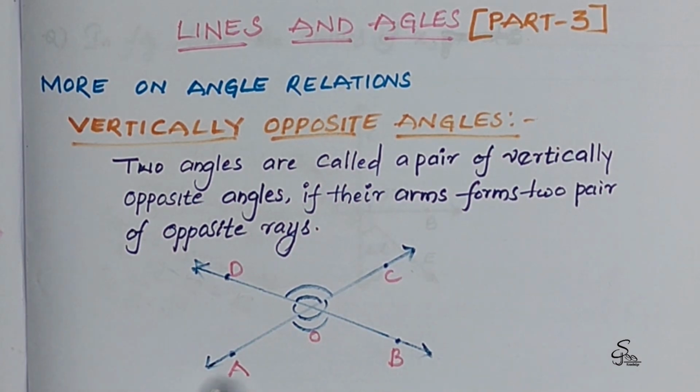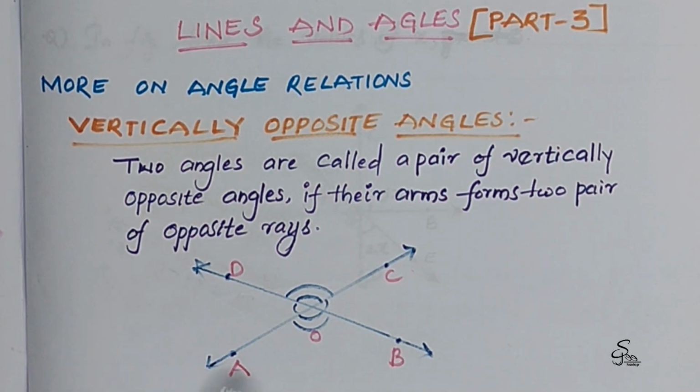Here the two lines AC and BD intersect at a point O. Angle AOD and angle BOC form a pair of vertically opposite angles.